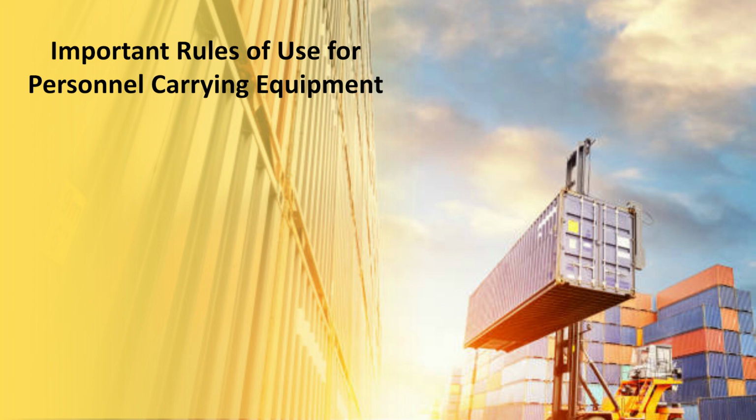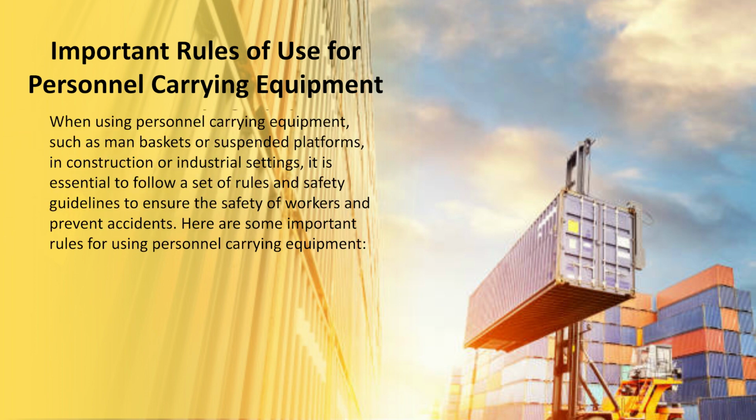Important rules for using personal carrying equipment. When using personal carrying equipment such as a man basket or suspended platform in construction or industrial settings, it is essential to follow a set of rules and safety guidelines to ensure the safety of workers and prevent accidents.